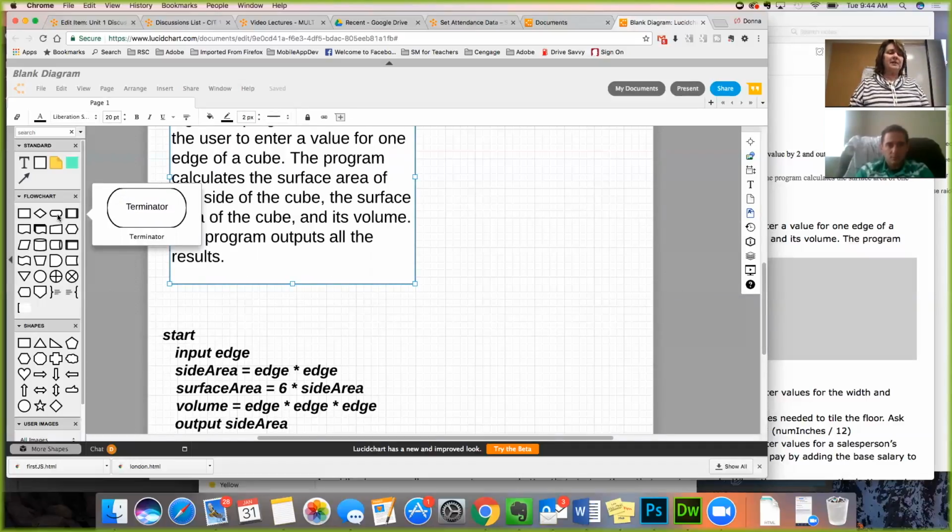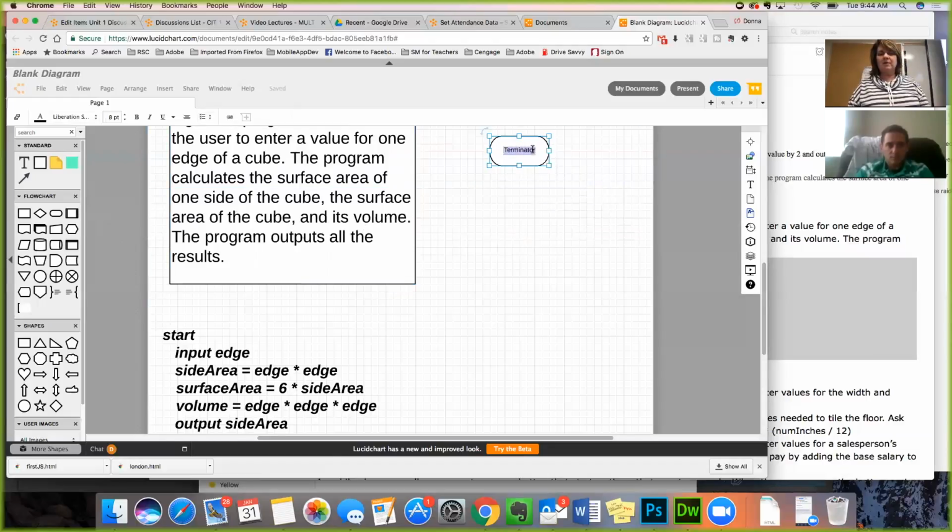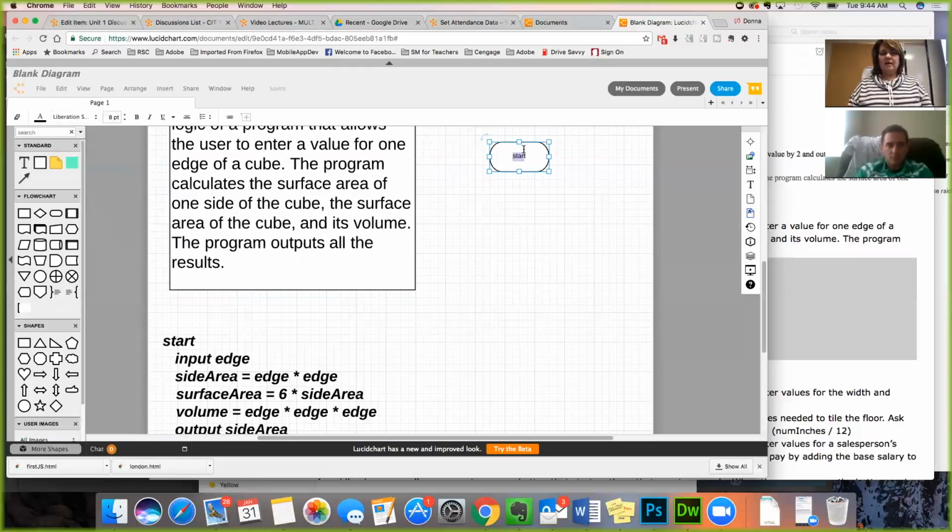It's an ellipse, actually. So it's called a terminator. So we come up here, we go start. And let's make it a little bigger. I'm assuming all of y'all knew that, just everybody didn't want to give the answer, right? Okay. Let's see. You didn't want to be the one that knew the answer.